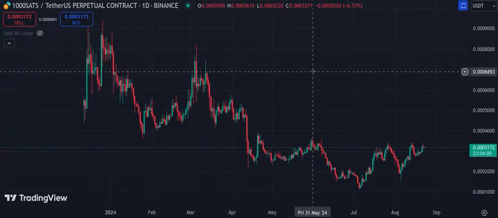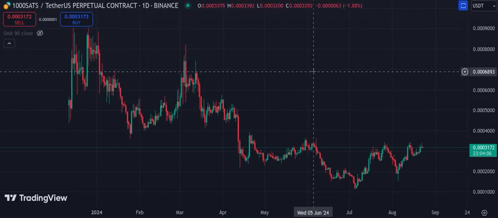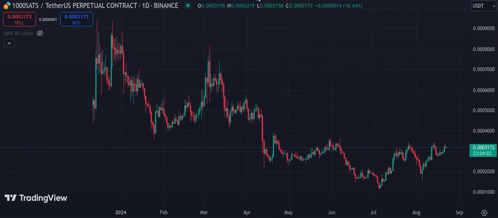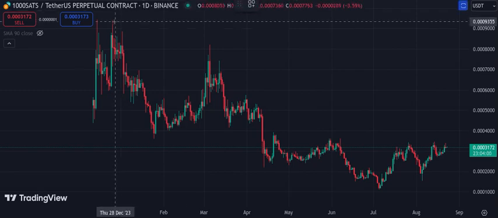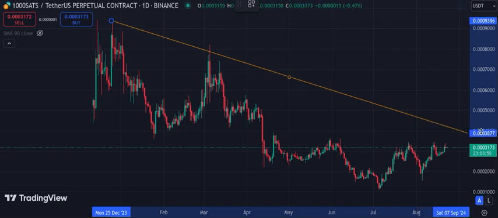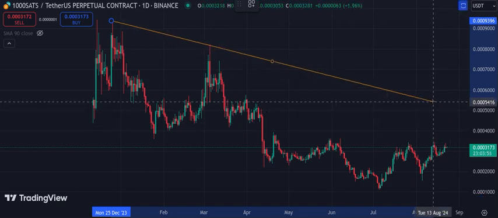so this is Satoshi 1 day time frame. So as you can see, from the look in the market from a 1 day time frame, market is actually bearish.